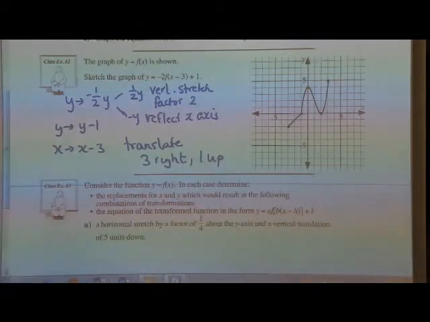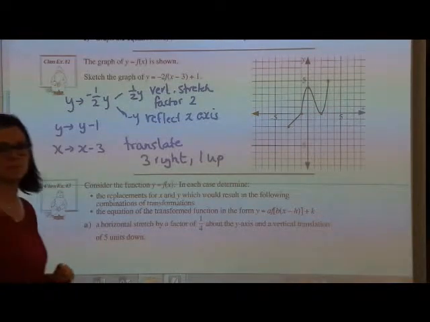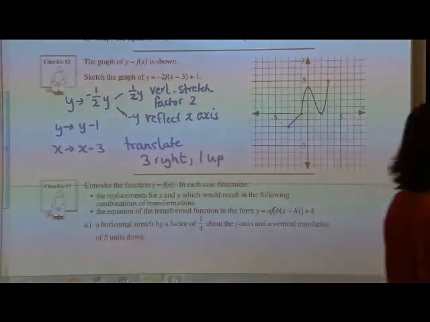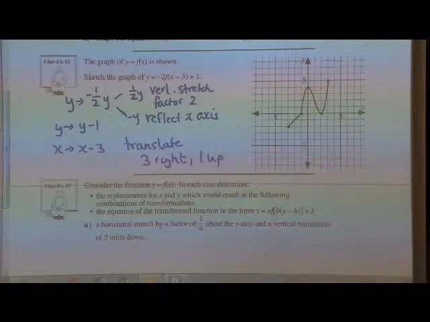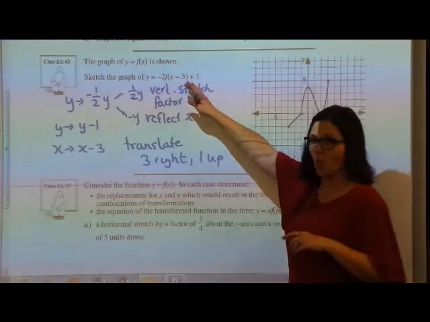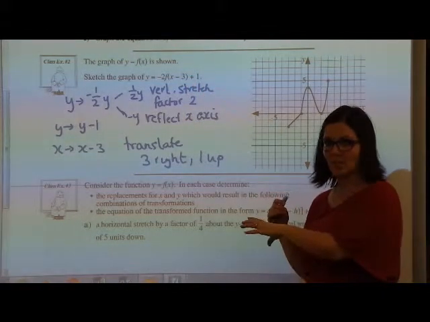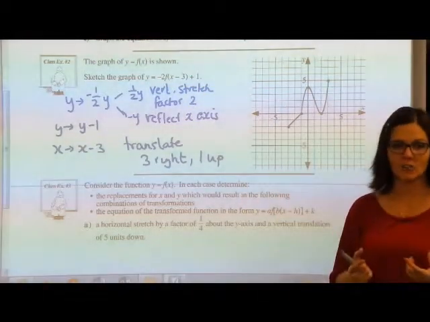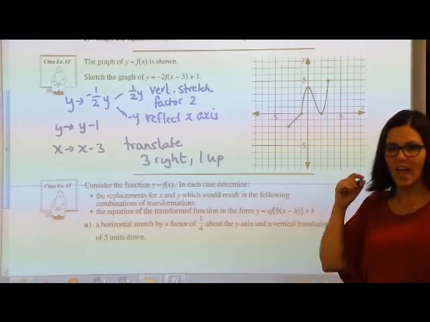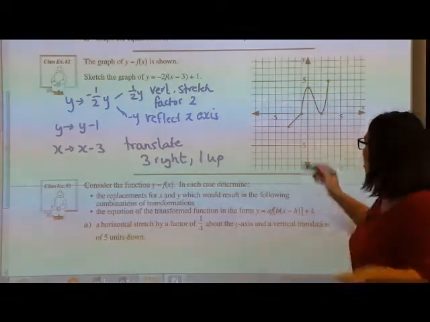So we always try to do our left-right translations before our up-down, just because x comes before y. So what I would recommend doing is I would do this in 2 steps. I would do my stretch and reflect in 1 and draw what the graph looks like then, and then I would slide that graph instead of trying to hold it all in your head for the whole part. So pick a point.